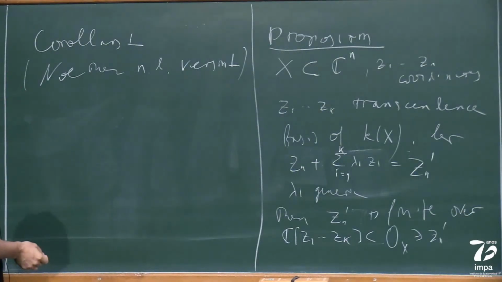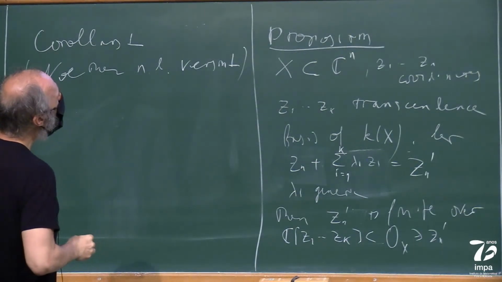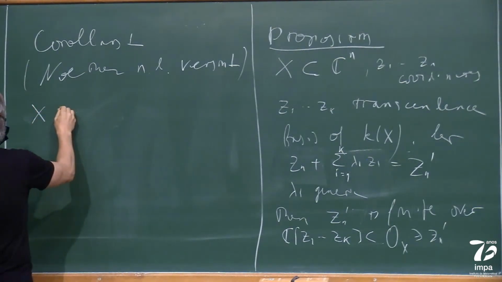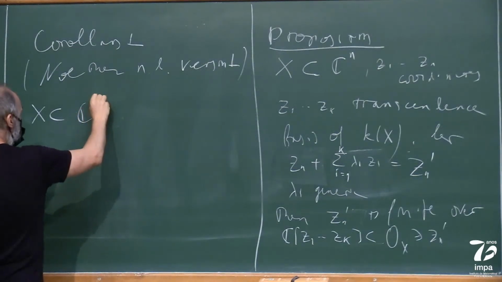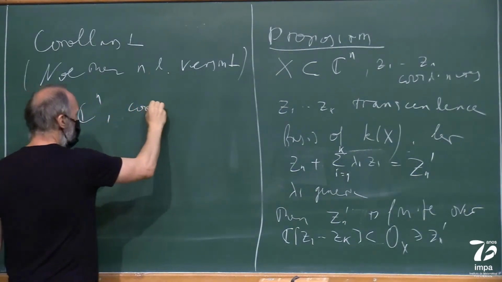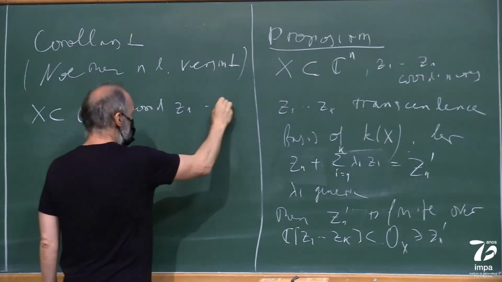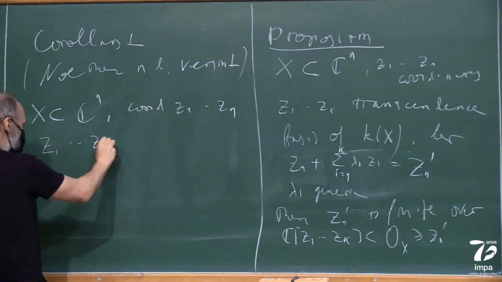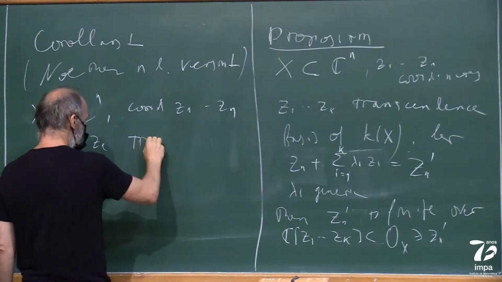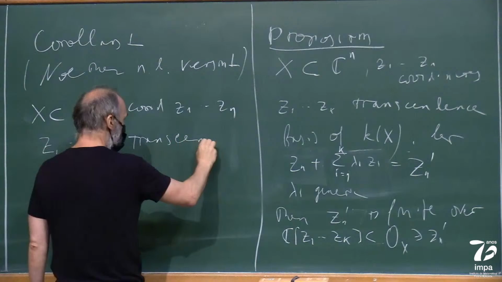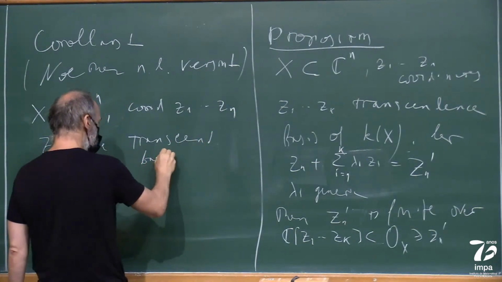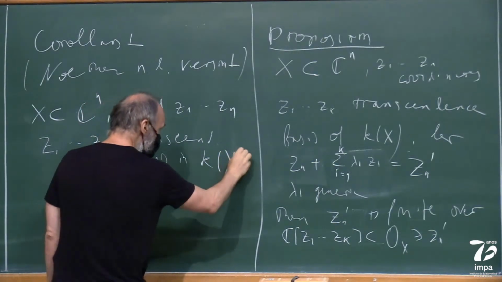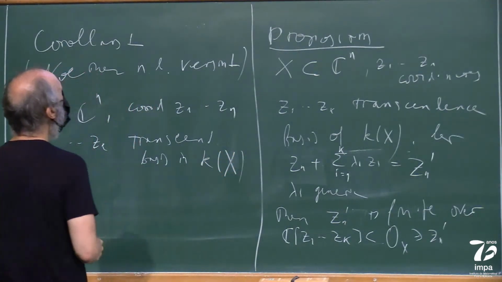Something we mentioned last time, but it was not in slides. Okay, so we take X inside C^n, coordinates z1, ..., zn, and assume that z1, ..., zk is a transcendence basis in the field of fractions. As I explained, we can always assume that.